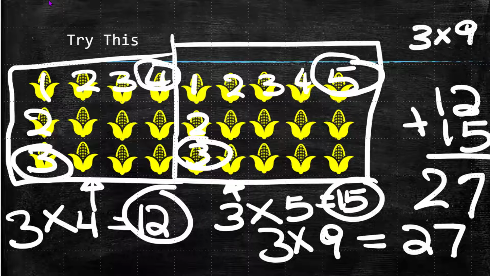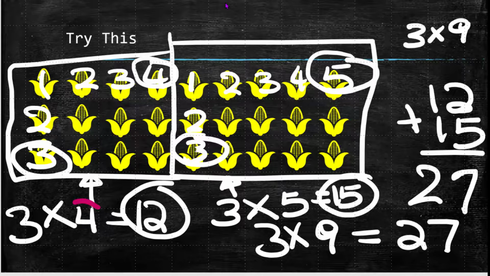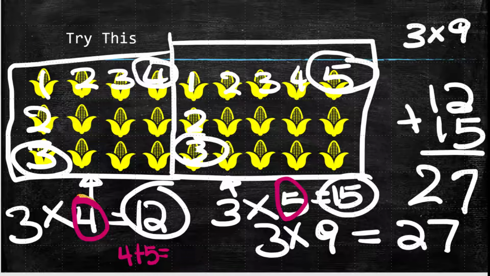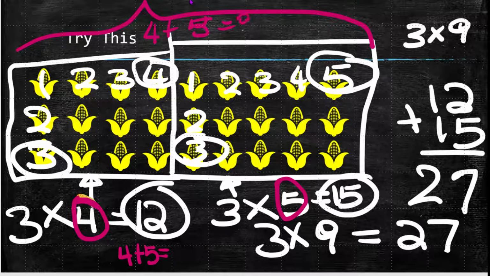Notice that the 4 and the 5 factors, when I add those two together, 4 plus 5, that also gives me the total that is right here, which is 9. 4 plus 5 equals 9.